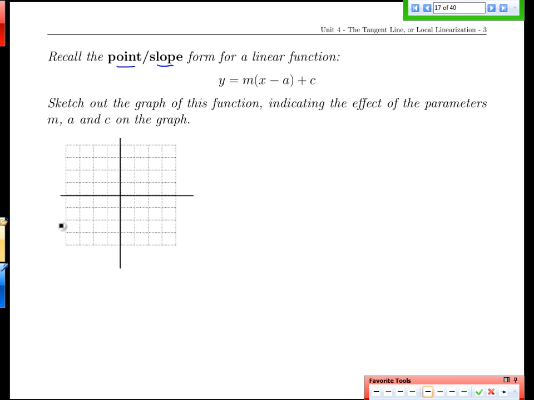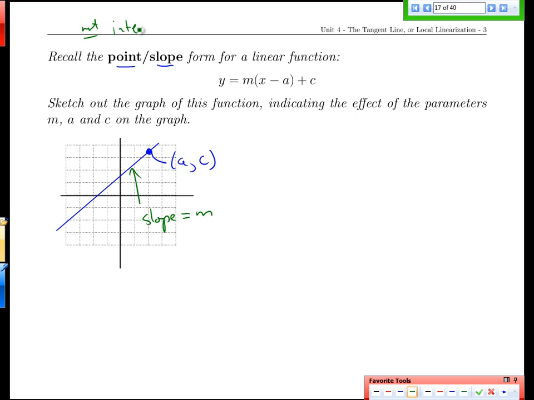Well, let's draw something in a different color. There we go. If I have a graph like this and I pick a point on it, and the point is at coordinate A, C, and the slope of the line is equal to m, this graph would be given by this function. Notice this is not the intercept slope.